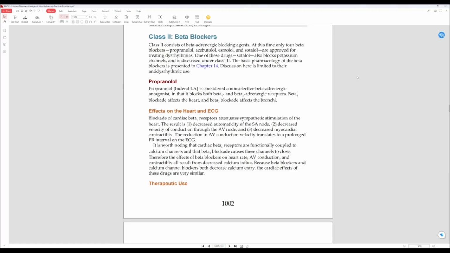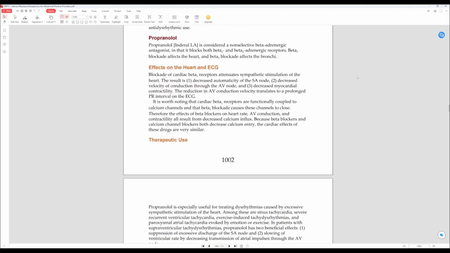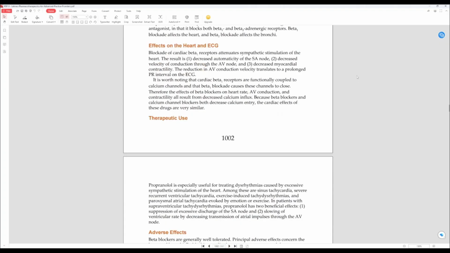So, propranolol, also known as Inderal, is considered a non-selective beta-adrenergic antagonist in that it blocks both beta-1 and beta-2 adrenergic receptors. Beta-1 blockade affects the heart, and beta-2 blockade affects the bronchi. So, its effects on the heart and EKG.